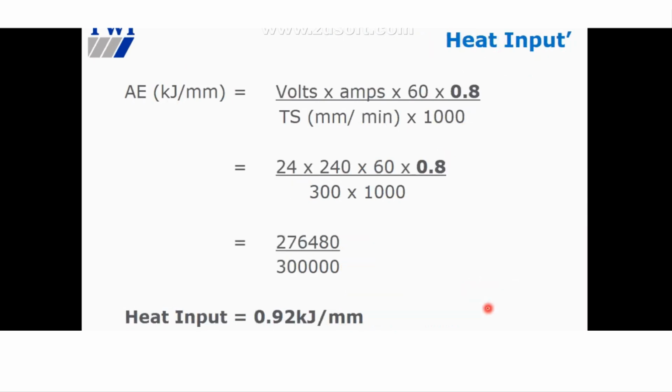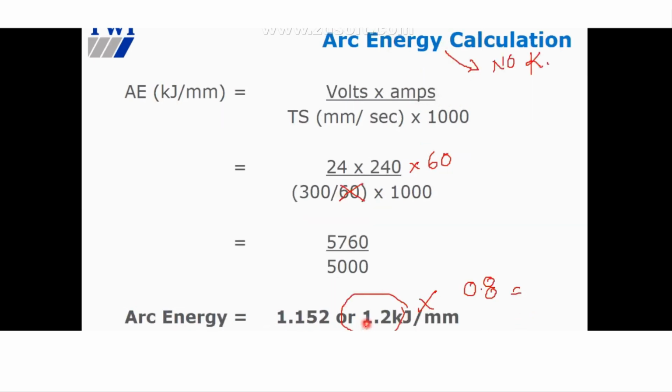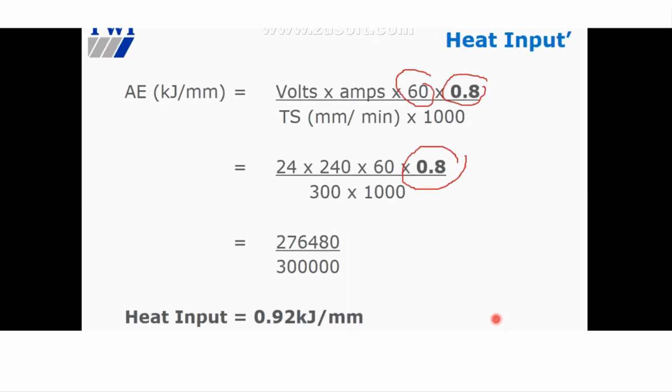Example here, what is the heat input now? So you need to put 0.8 there. You see they use 60 there and then 0.8. So as a result, you got 0.92. So here, 1.2 times 0.8, you got 0.92 kilojoule for the heat input. Yeah? All right.